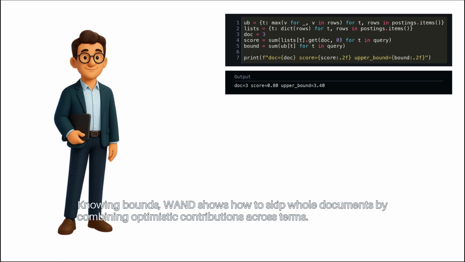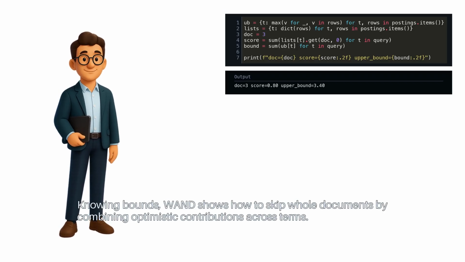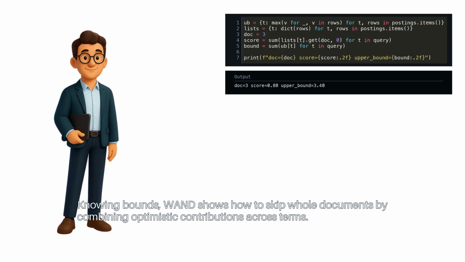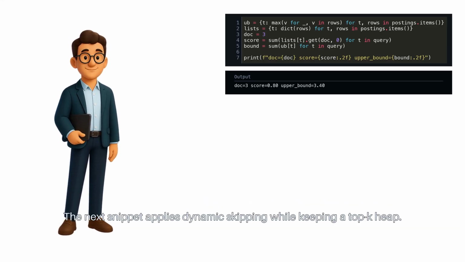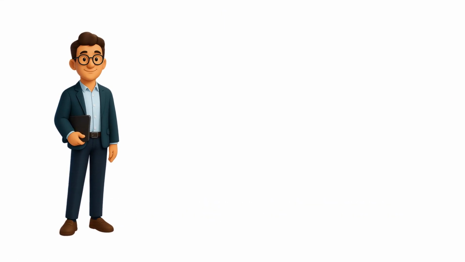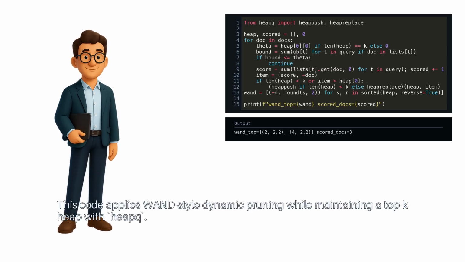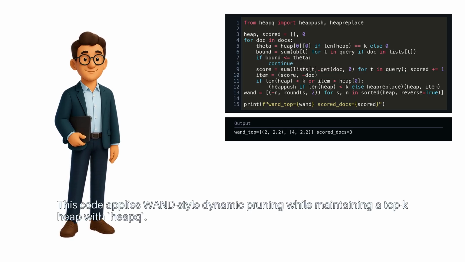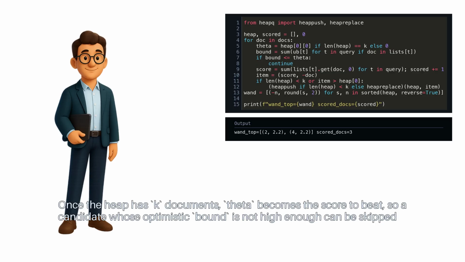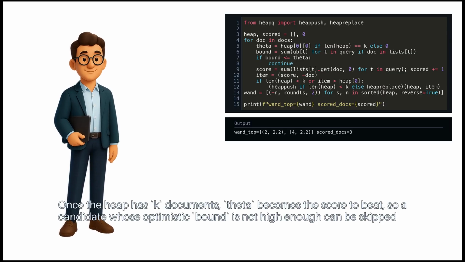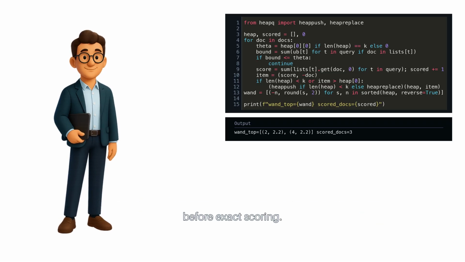Knowing bounds, WAND shows how to skip whole documents by combining optimistic contributions across terms. The next snippet applies dynamic skipping while keeping a top K heap. This code applies WAND-style dynamic pruning while maintaining a top K heap with heapq. Once the heap has K documents, theta becomes the score to beat, so a candidate whose optimistic bound is not high enough can be skipped before exact scoring.